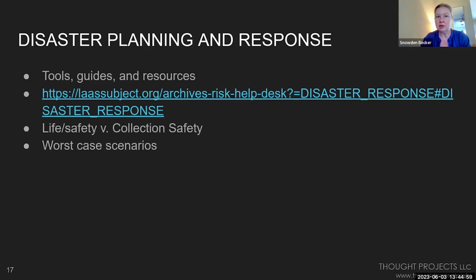And the disaster planning and response is a whole separate thing. We could do a full week's workshop on disaster planning and response, with worst case scenarios and case studies of organizations that have had to respond to really bad stuff, some of which is not natural disasters. I think everybody here has probably worked with or known somebody who had a broken pipe in their own building.